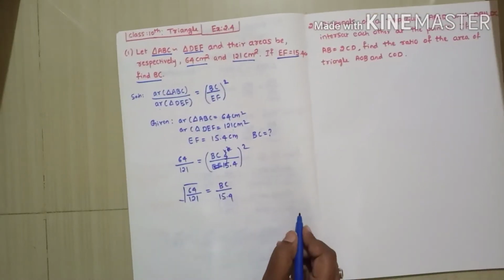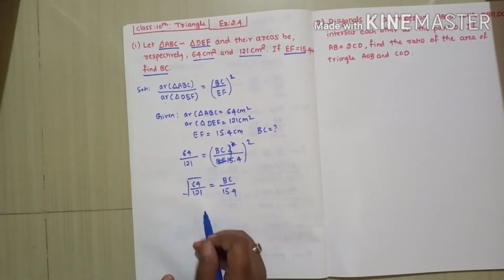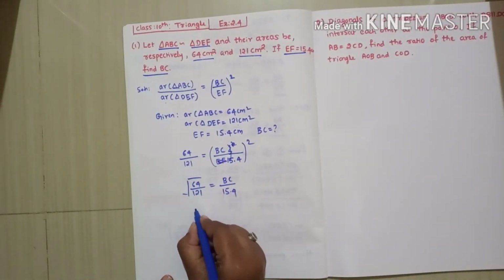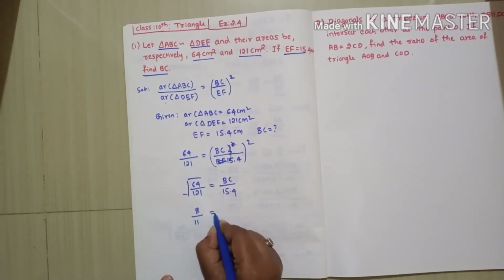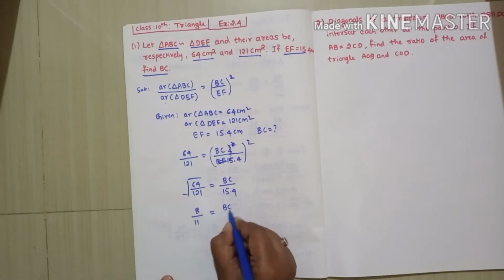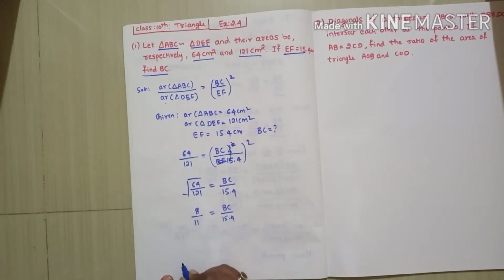Now the square root of 64 is 8 and the square root of 121 is 11, so 8 divided by 11 is equal to BC divided by 15.4. Now we want BC. You keep BC here and transfer 15.4 to this side, so it comes to the numerator. So 8 into 15.4 divided by 11 is equal to BC.